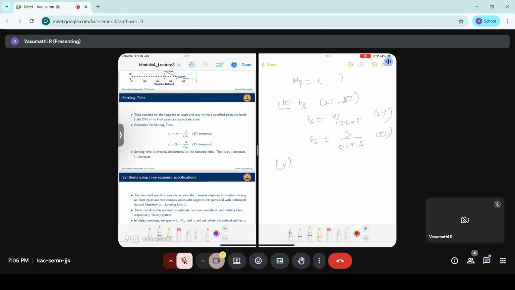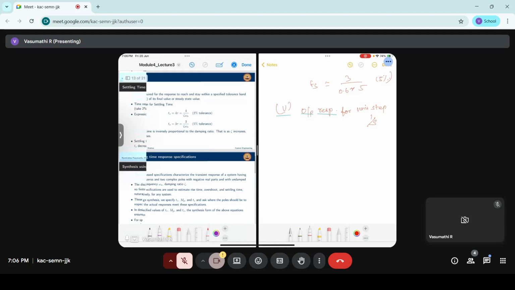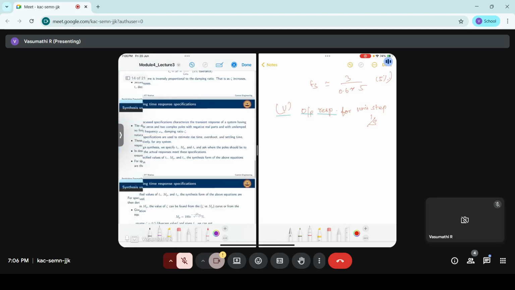This question is expression for its output response when subjected to the unit step input. They have asked how the output response will be for a unit step. Then we'll just straight away want to calculate it for 1 by s. Since they have asked in terms of t, I think it will also be mentioned somewhere too.